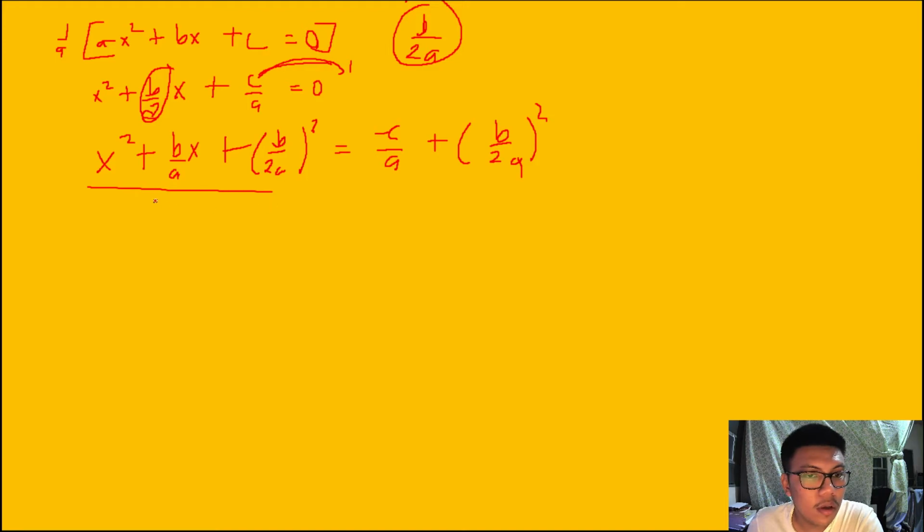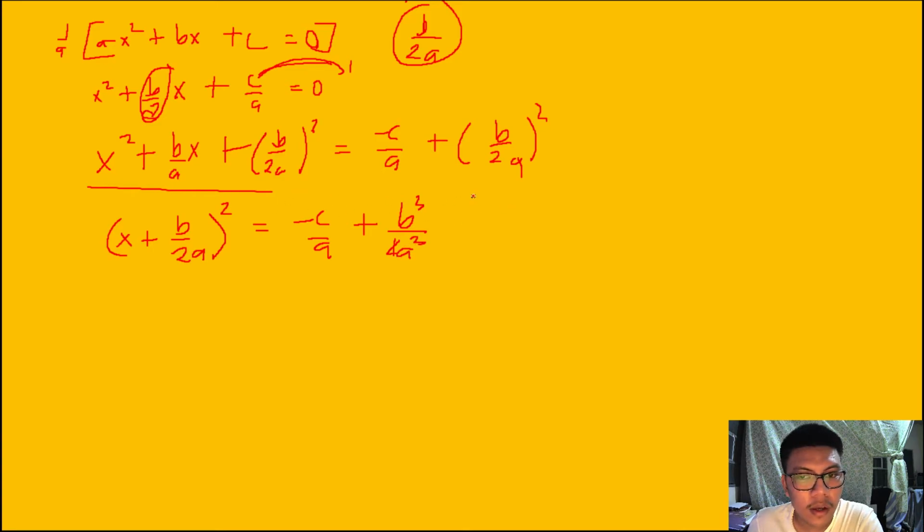Then this is now a perfect square. Also, kagaya lang sa ginawa natin. So perfect square na ngayon siya. So we have x plus b over 2a quantity squared is equal to, okay, so negative c over a plus b squared all over 4a squared.